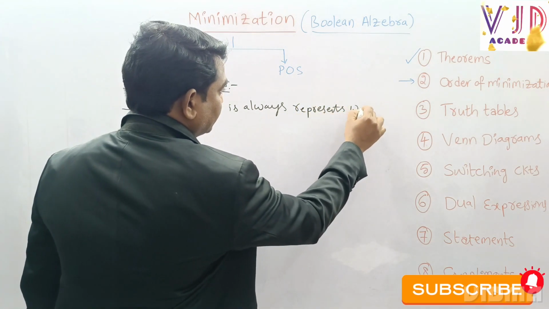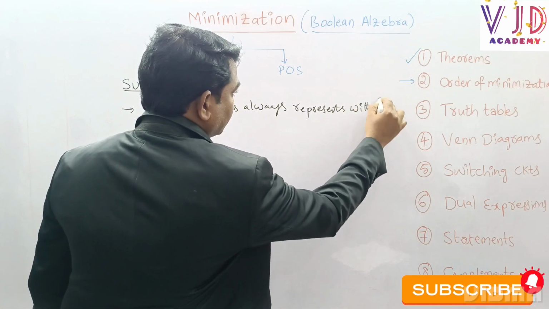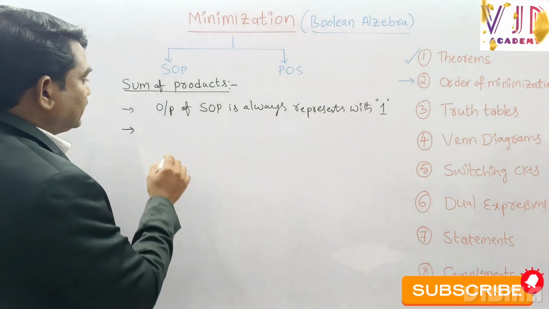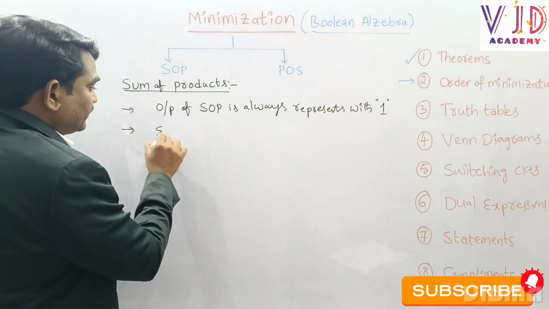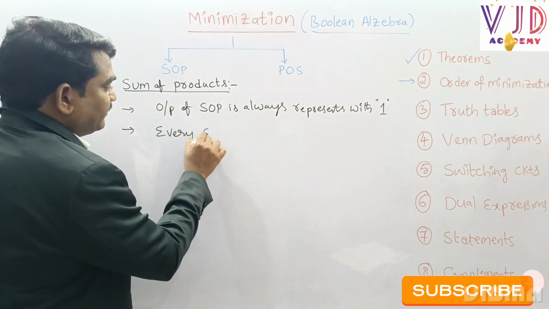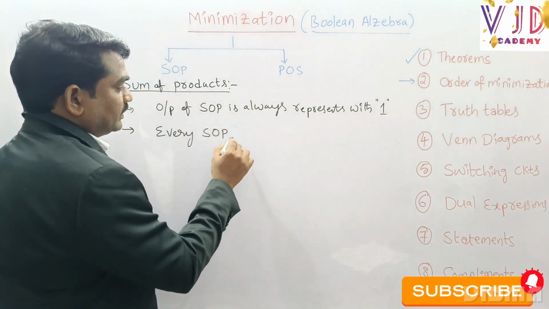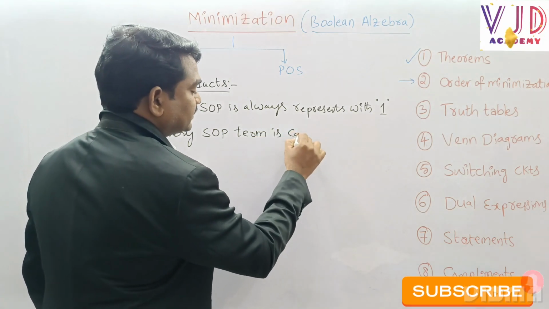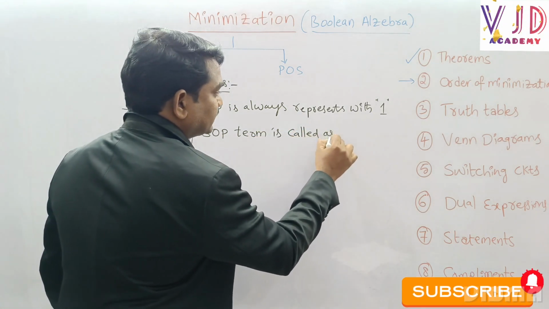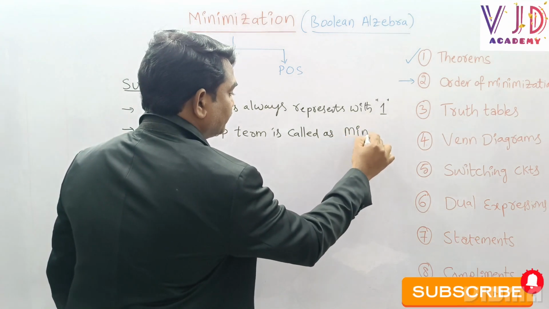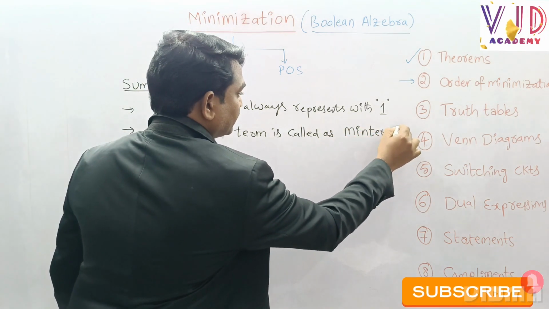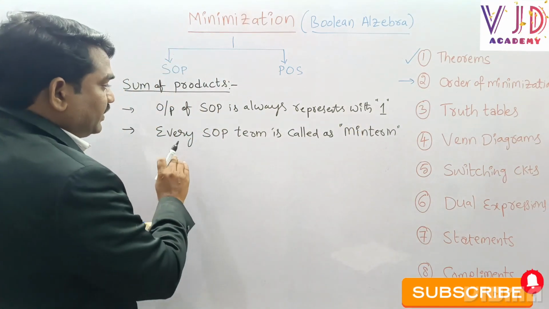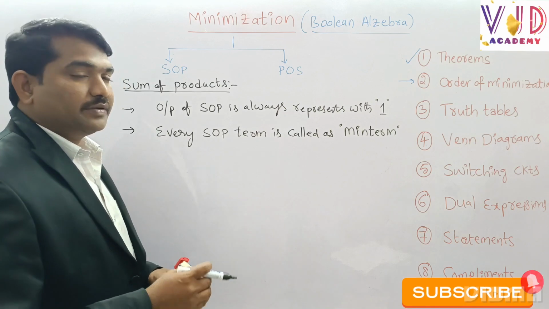The second point is that every sum of product term is called a min term. Each and every SOP term is also called a min term.